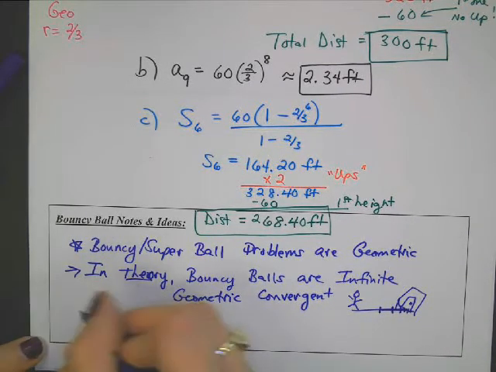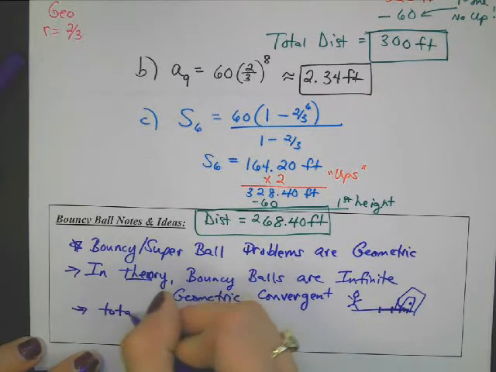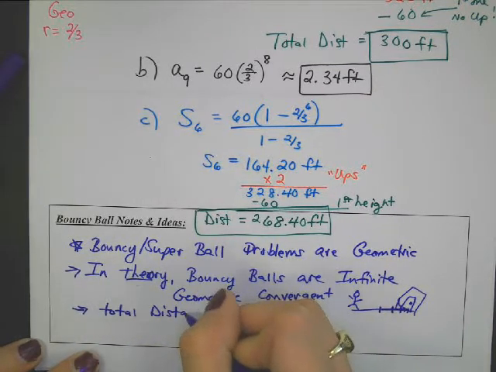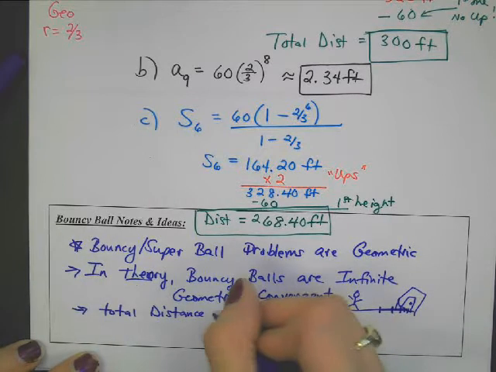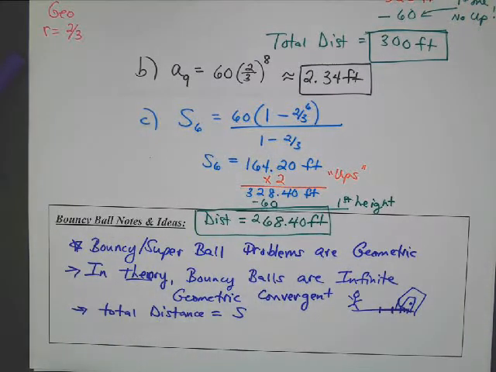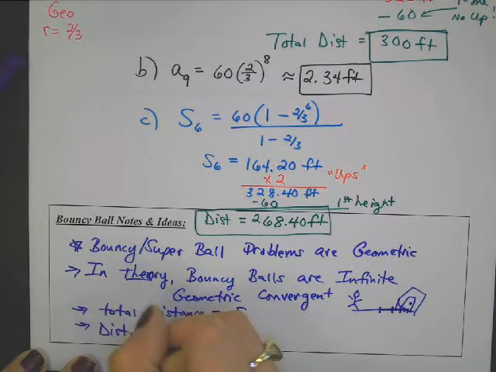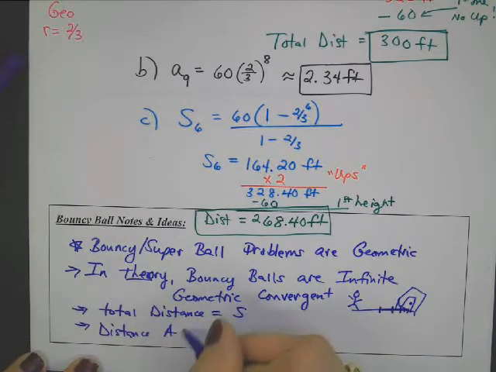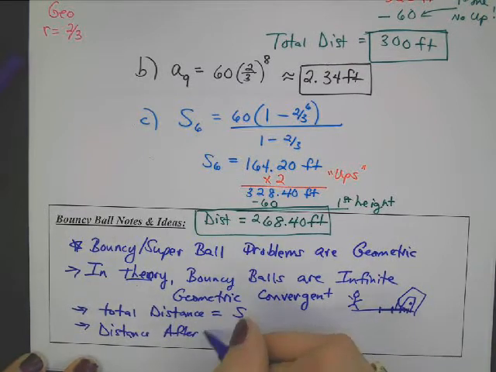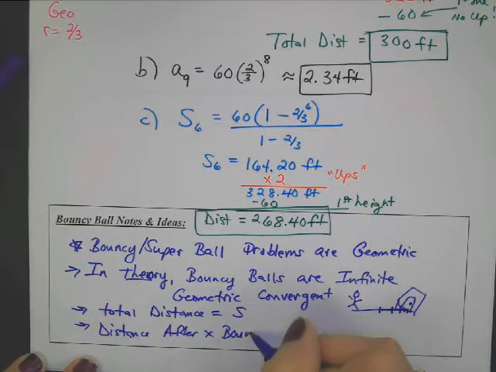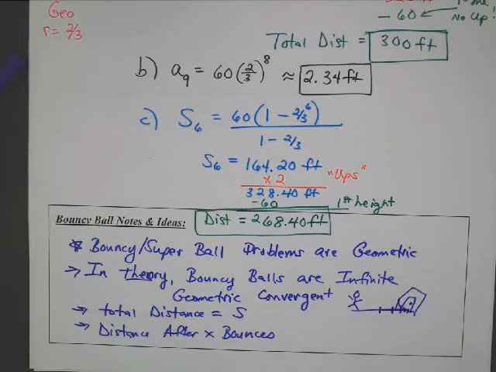That's why to find total distance, what you're always going to do is calculate an S. Okay, but if it says distance after X bounces, then they don't want it to bounce forever.